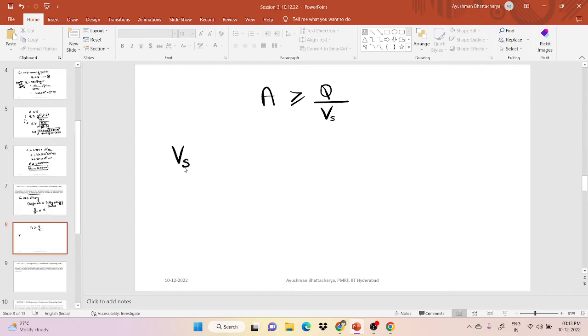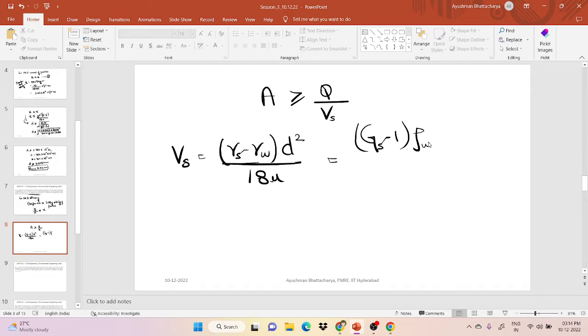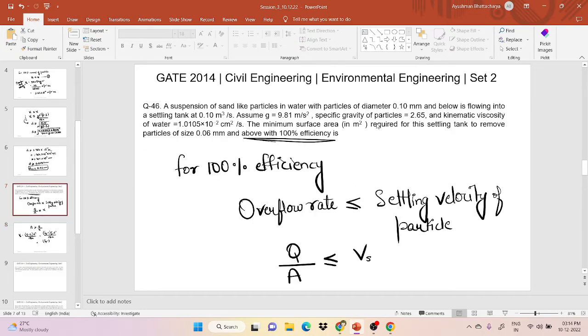Now the settling velocity formula is (gamma s minus gamma w) d square by 18 mu. So you can write this equation also as (Gs minus 1) rho w g d square by 18 mu. In the question they have given kinematic viscosity.